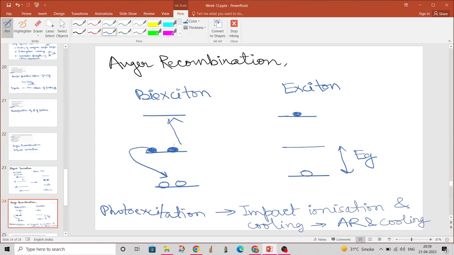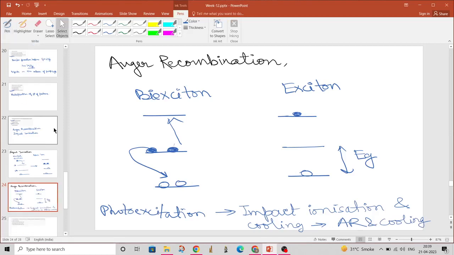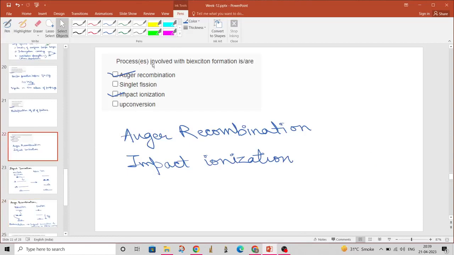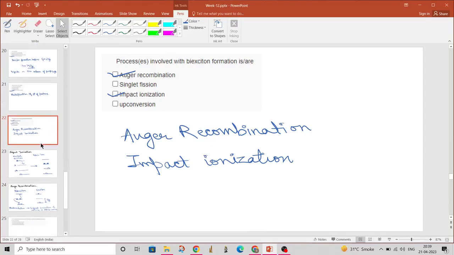So in these processes we get bi-exciton. Okay. So the answer will be A and C, Auger recombination and impact ionization.